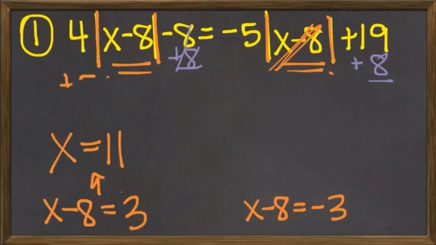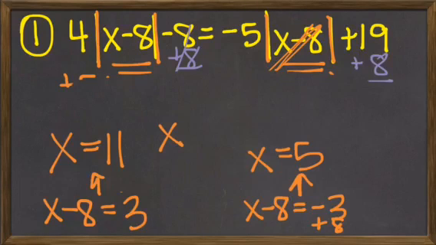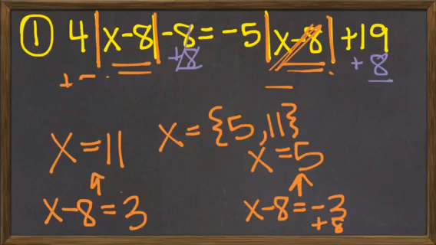If x minus 8 equals negative 3, I'm going to add 8, and I'm going to get x is equal to positive 5. So our solution set is x equals 5 and 11.